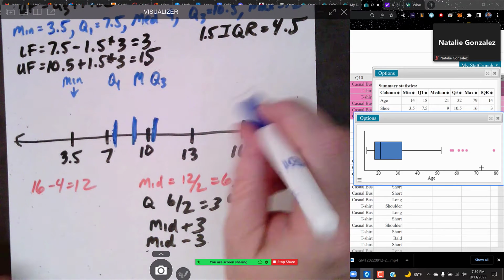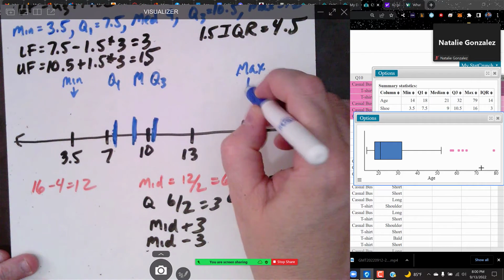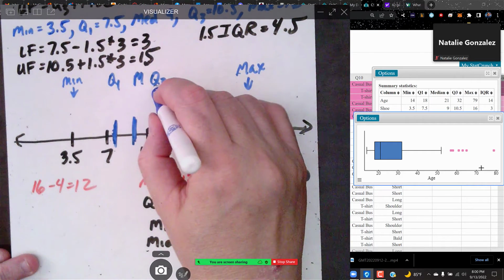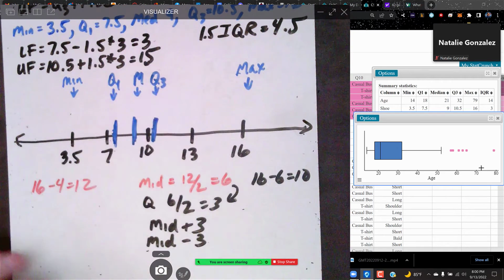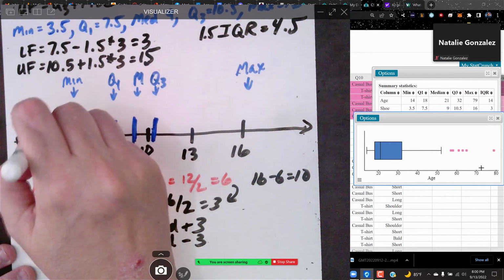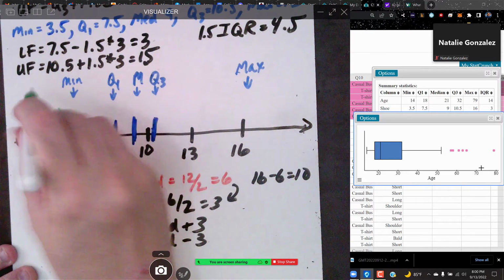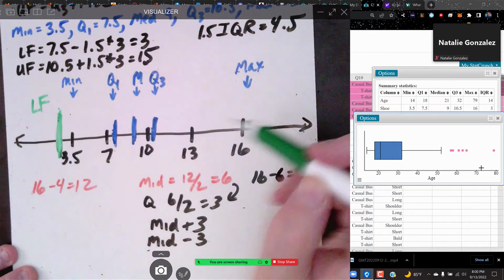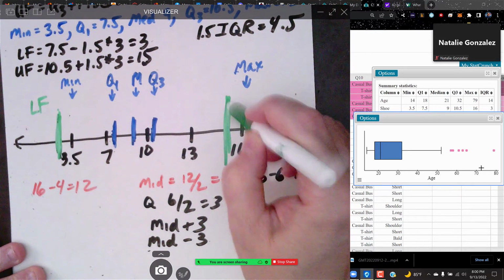And my max is 16. Max is over here. I'll put my fences in now. My lower fence that I calculated was right here, and my upper fence was at 15, which is right about here.